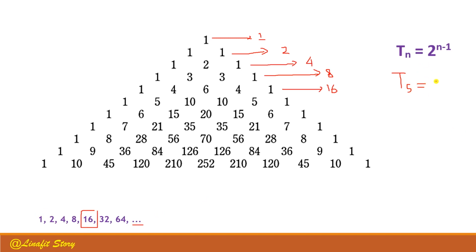So, Tn is equal to 2 to the power of n minus 1. So, 2 to the power of 5 minus 1. 5 minus 1 is equal to 4. 2 to the fourth power is 2 times 2 times 2 times 2, which is equal to 16.